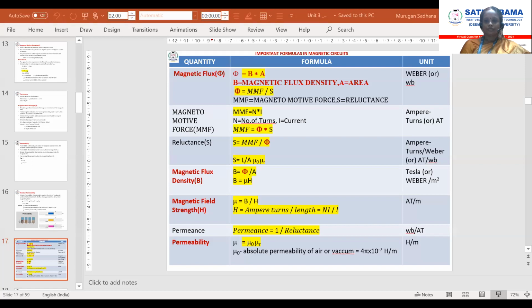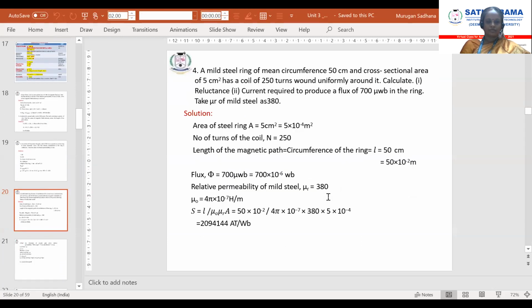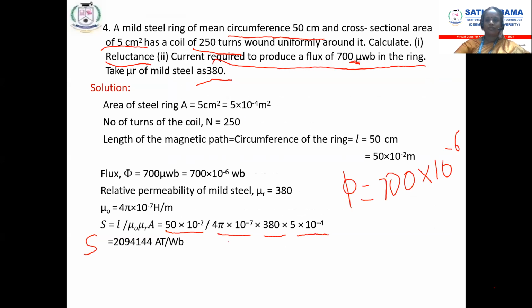Reluctance equals MMF by flux, or MMF equals flux into reluctance. Very good. So find out the MMF value first.